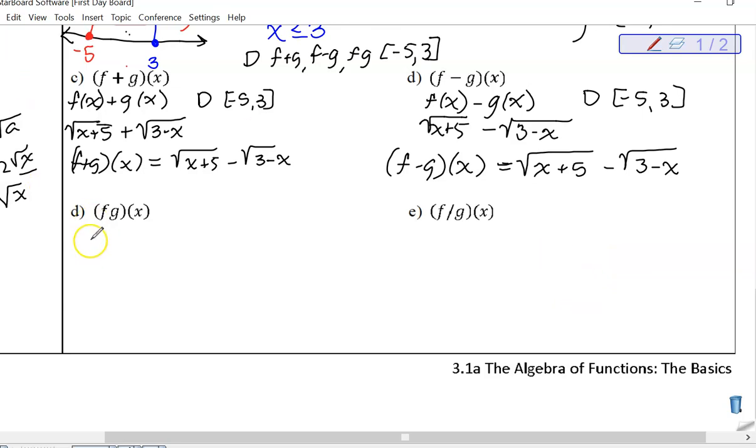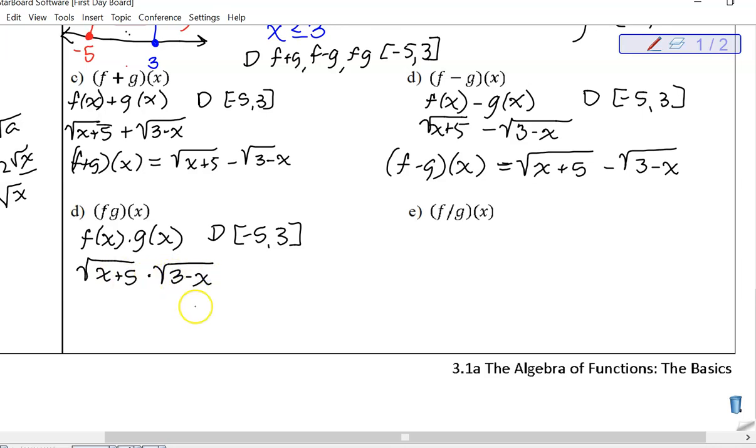Now let's multiply. So multiplying f of x times g of x over the same domain, negative 5 to 3, that's where we've defined our domain, we would get the square root of x plus 5 times the square root of 3 minus x. Now these I can multiply.